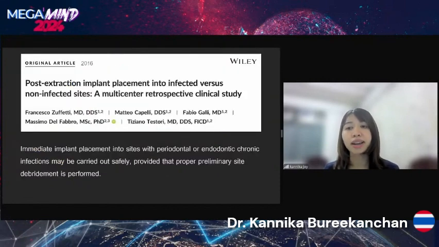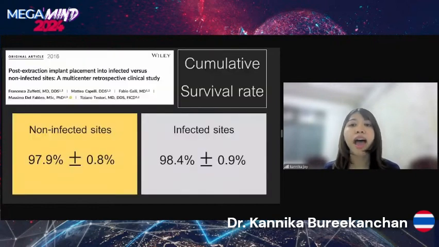This is consistent with a study by Esthetic et al. in 2016 that found immediate implant placement for teeth with periapical lesion or periodontal disease can be done safely if the socket is cleaned well. And the study by Esthetic et al. in 2016 showed the survival rate of implant placement into infected sites was 98.4% plus or minus 0.9%.